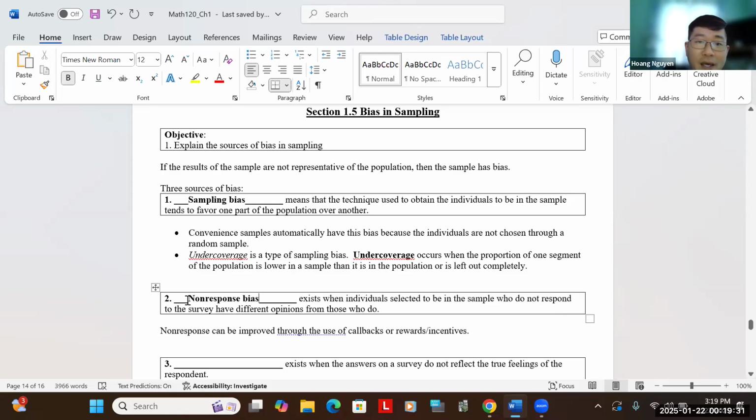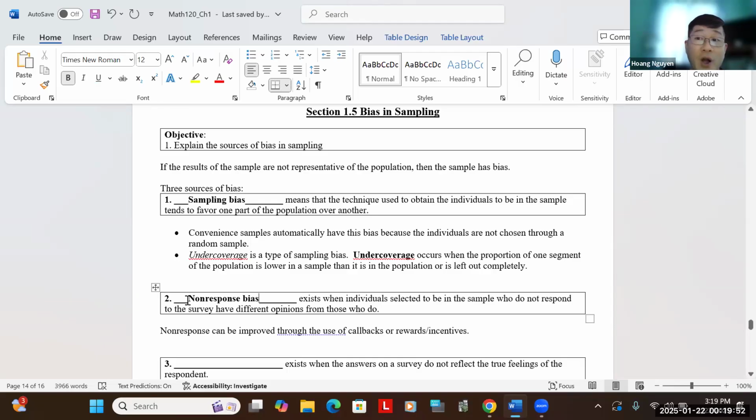Non-response bias exists when individuals selected to be in the sample who do not respond to the survey have different opinions from those who do. Which means that the people who are not included in the sample have different opinions than the ones who are included. That's non-response bias.